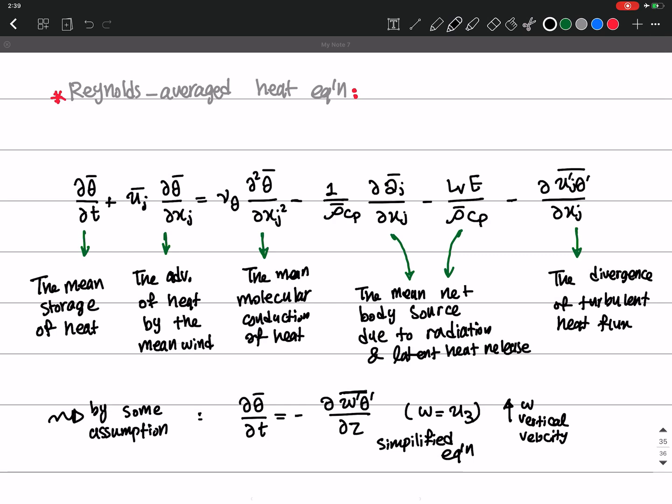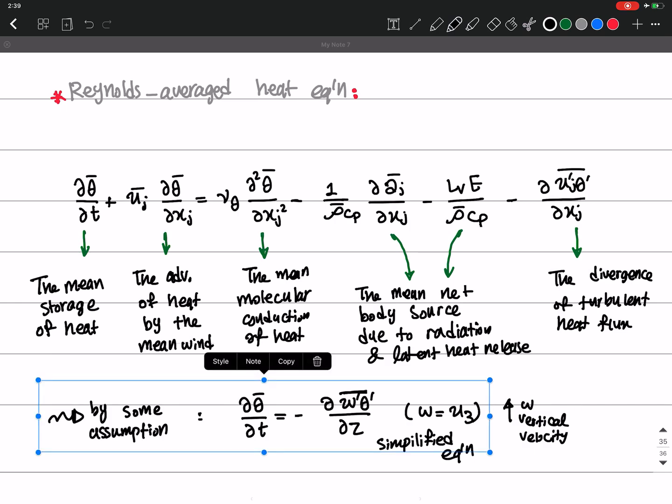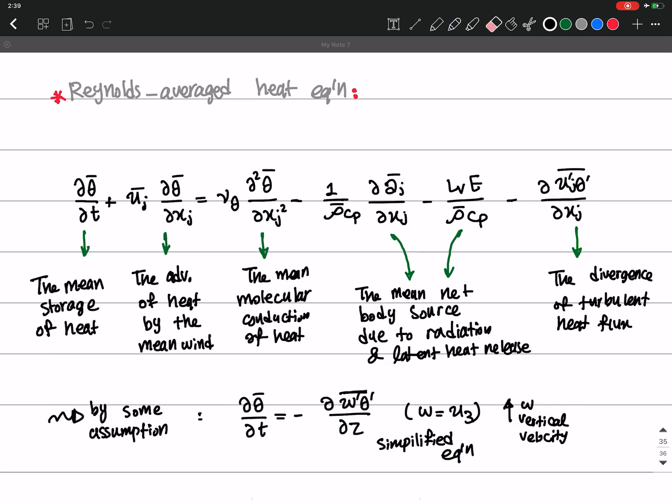But again, these are other physics, so let me maybe write it this way.